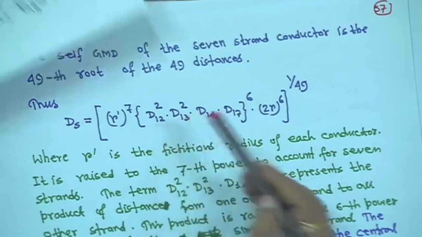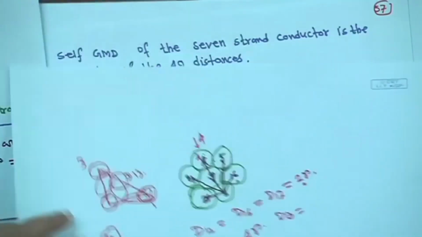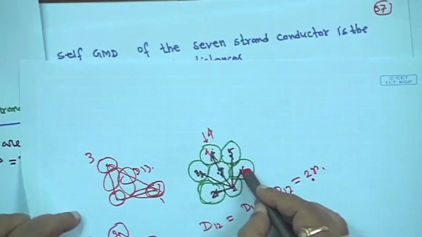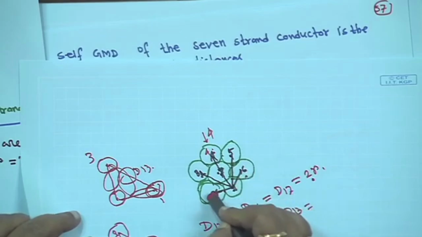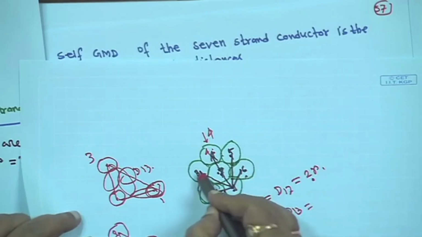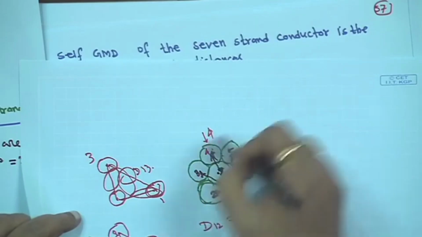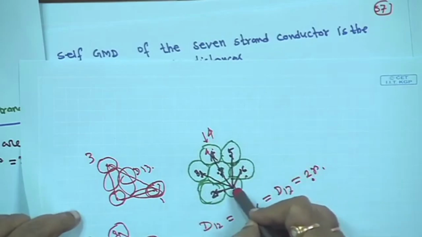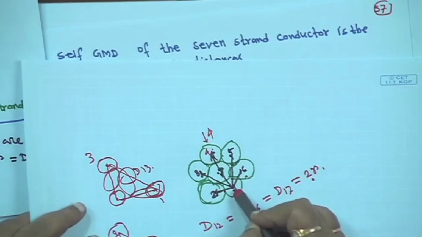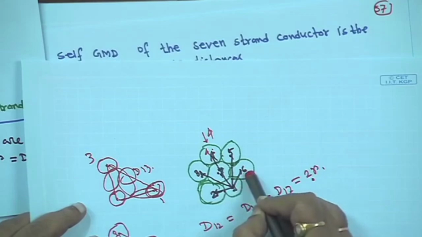That means, d12, if you take this diagram, d12 is equal to d16, twice it is coming. Similarly, if you consider this one, d21 is equal to d23. Similarly, if you consider 3, d34 is equal to d32. This way you have to consider each thing. So for every conductor, d12 is equal to d16, the distance remains the same.